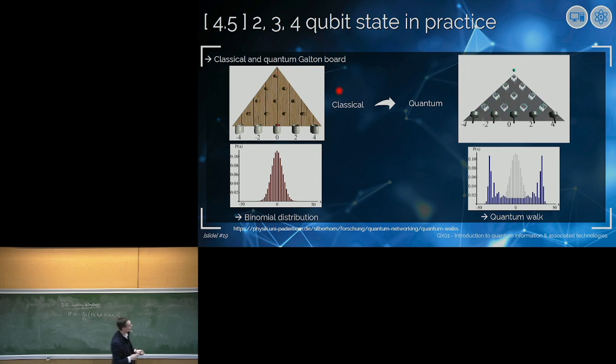A Galton board, we all use that or have seen that. It's something with pins, and you just drop balls here, and statistically these balls will fall. Every time the ball arrives on one pin, it has a 50% chance of going left or right.